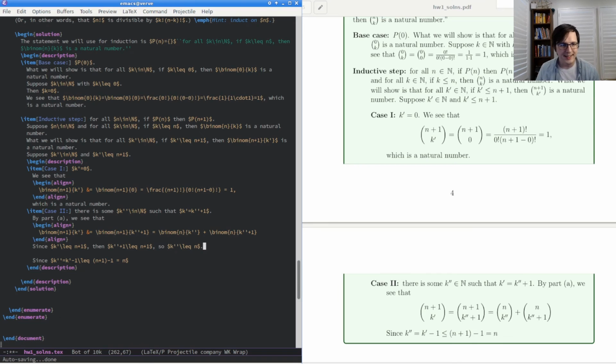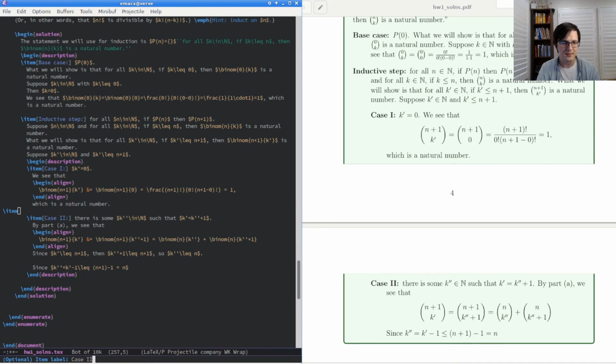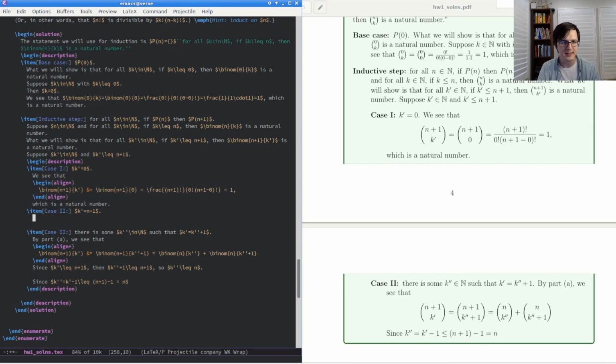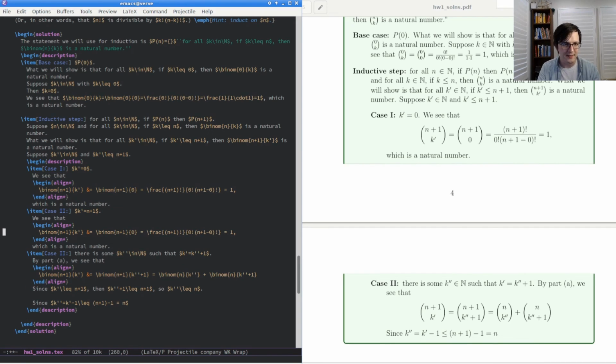Well, let's add it to the cases. Case 2, k prime equals n plus 1. So, okay, in that case, it's basically the same as this, I expect. I just have to modify things around.